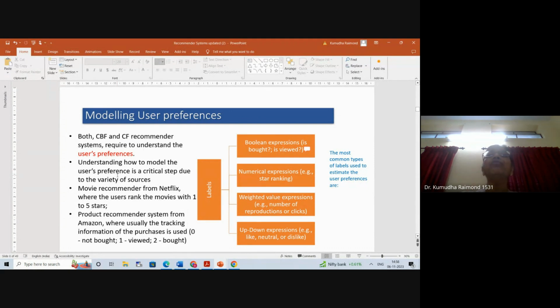There are different types of preferences, and these we call labels.